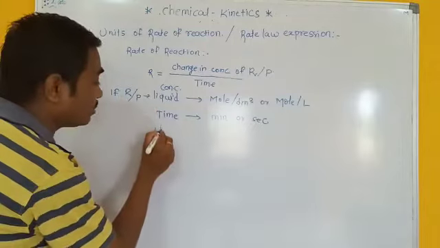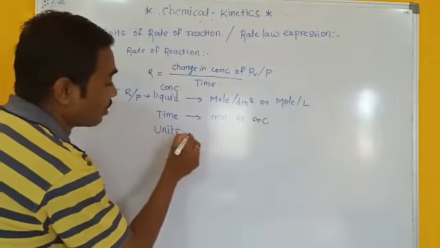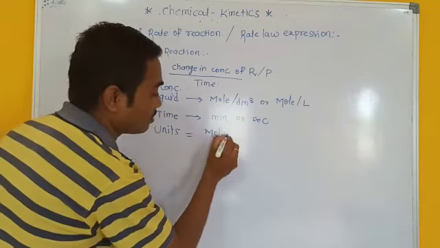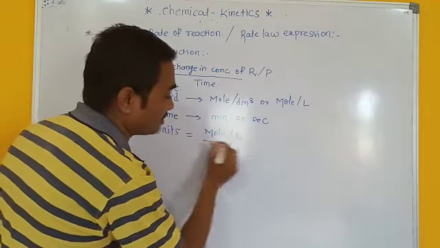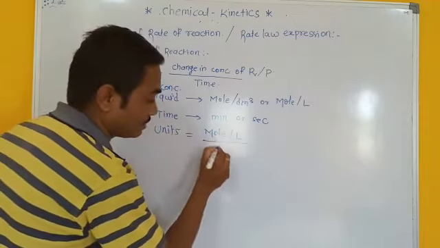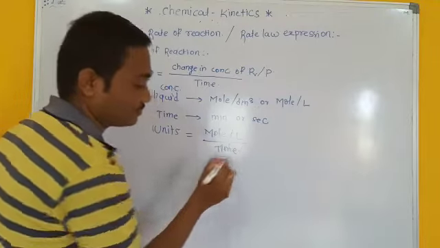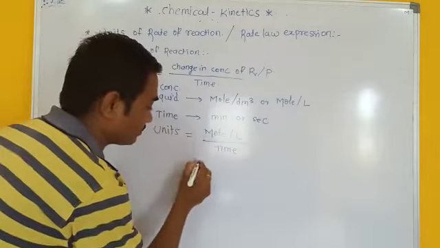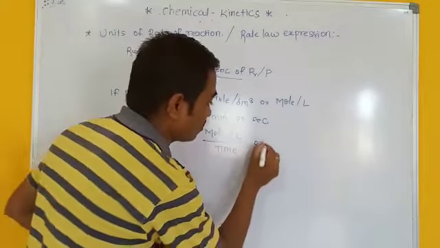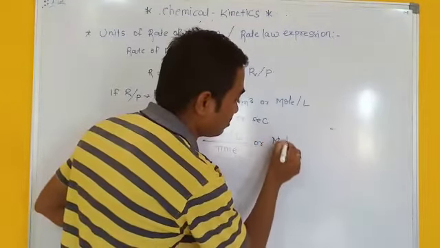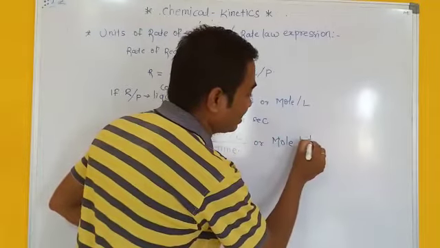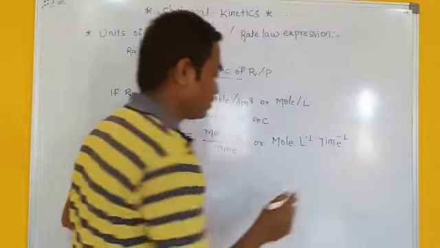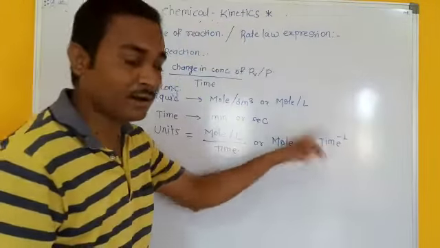Therefore the unit of rate of reaction becomes mole per liter divided by time, or mol L⁻¹ time⁻¹.